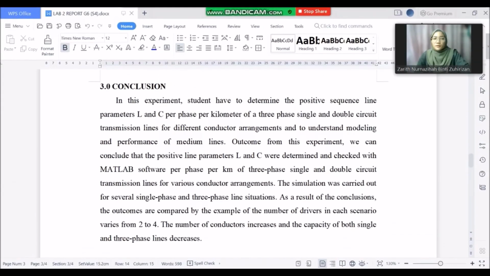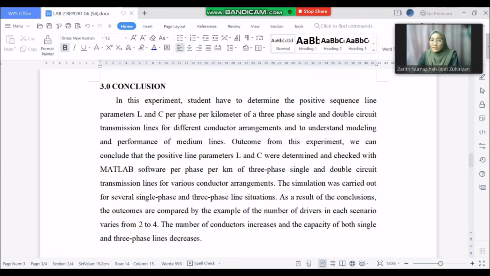This is the conclusion that we get from all the results of the experiment. In this experiment, students have to determine the positive sequence line parameters, capacitance and inductance, per phase per kilometer of three-phase single and double circuit transmission lines for different conductor arrangements, and to understand the modeling and performance of medium lines.